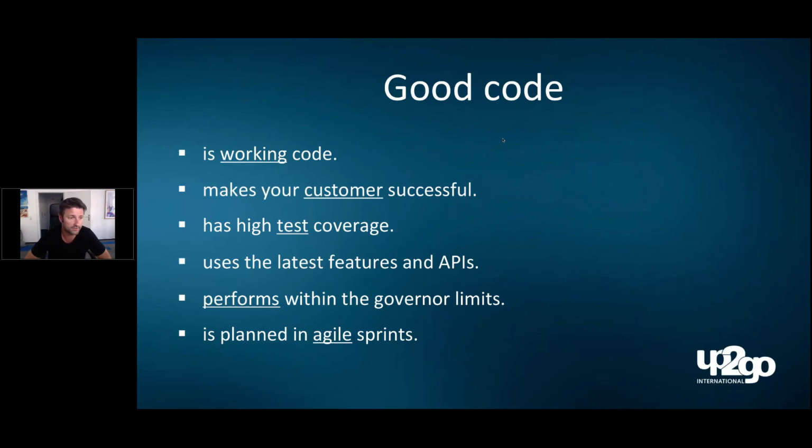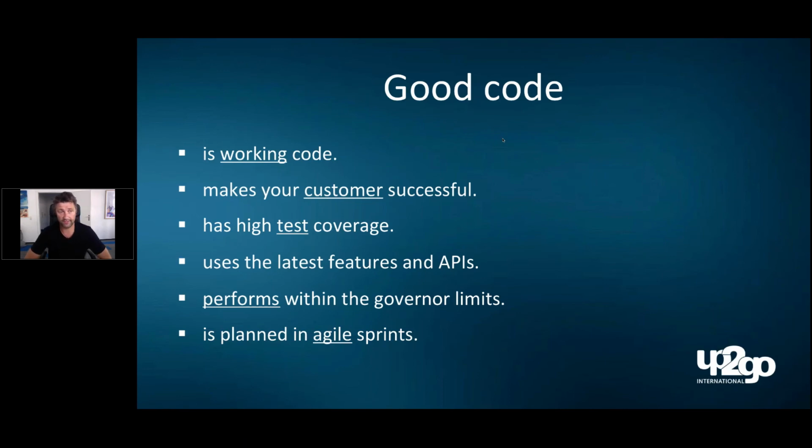When you read blogs and check Twitter, there's a lot about code quality, and what you often hear is, good code is working code, because that's what we get paid for. We have to make our customers successful, so output is really what matters. There's a lot of technical requirements. Good code has high test coverage, uses the latest and greatest features and APIs.